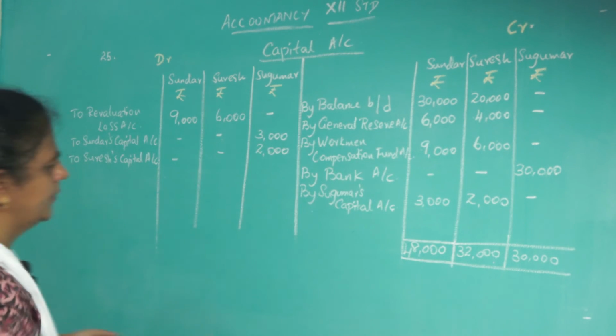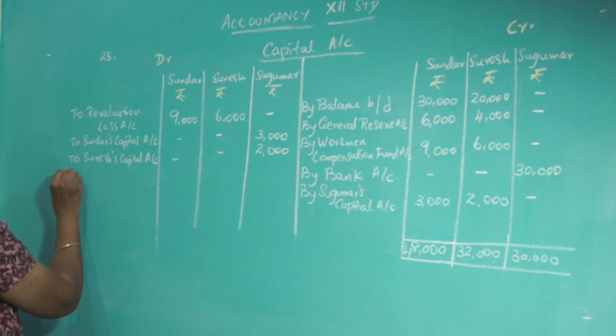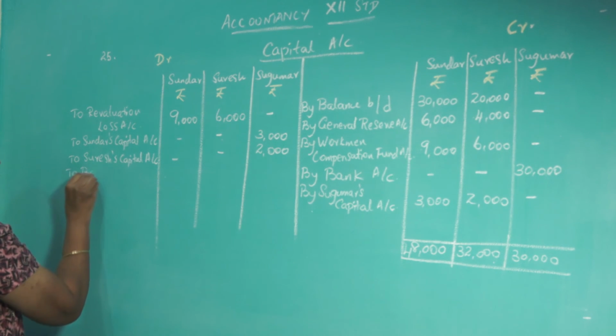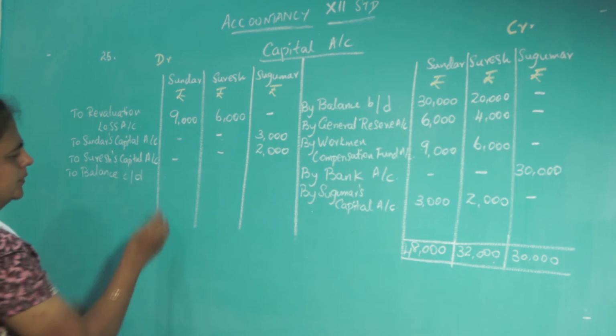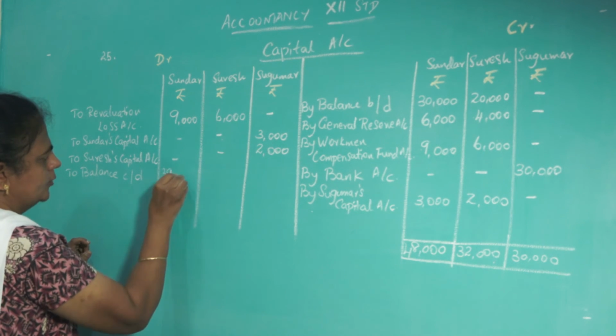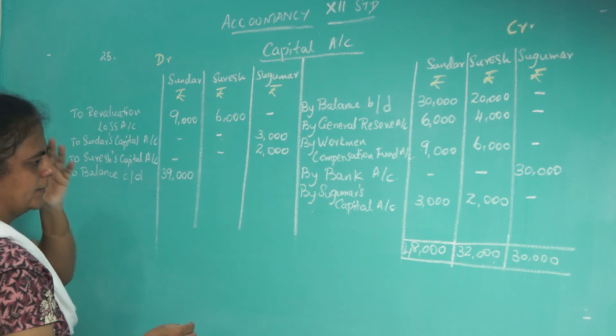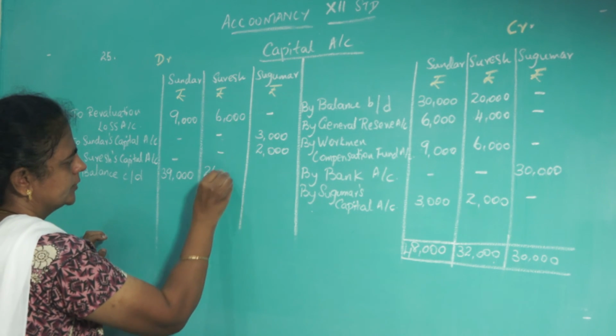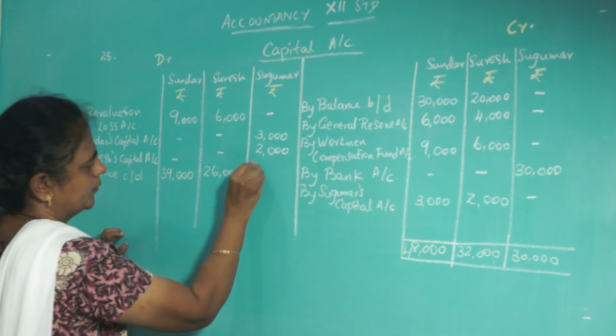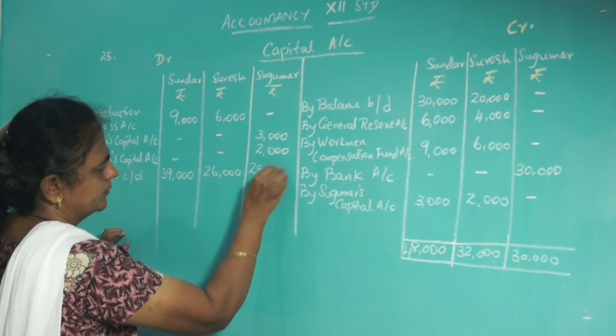Okay, so now take the balance here, to balance carried down: 39,000, 26,000, 25,000.